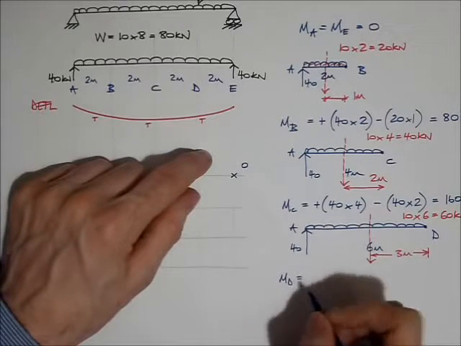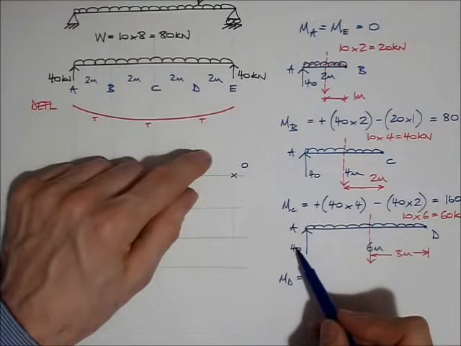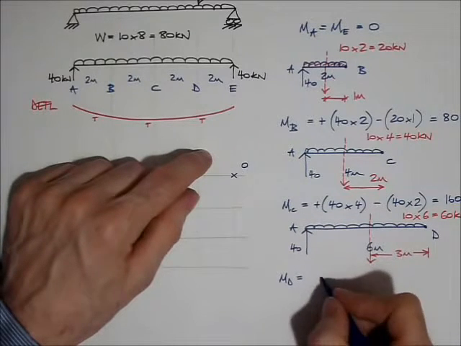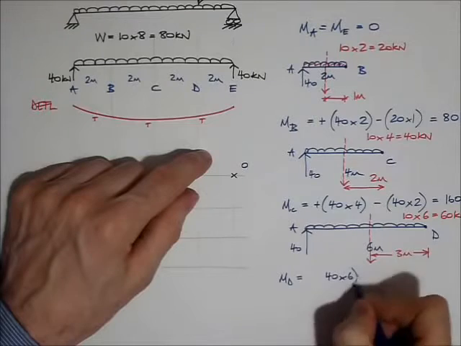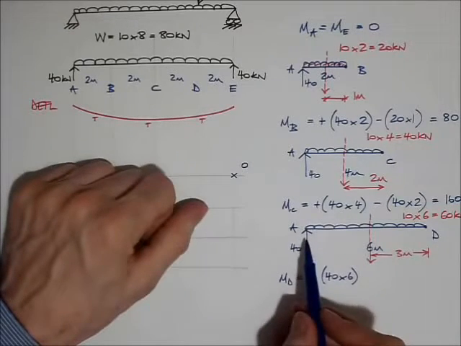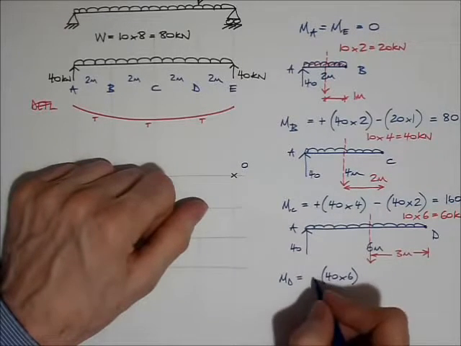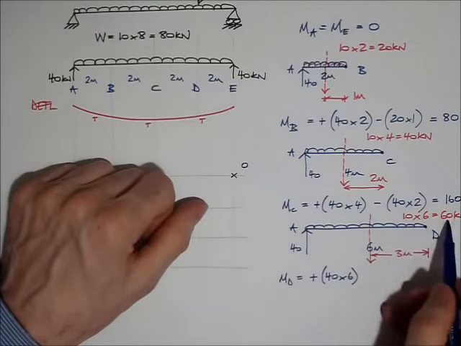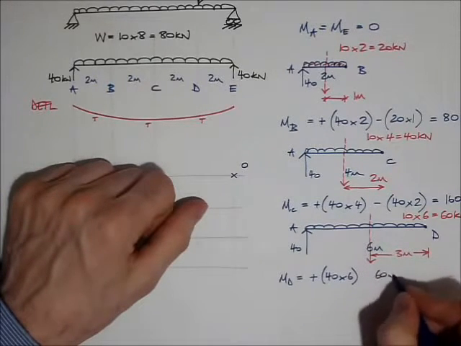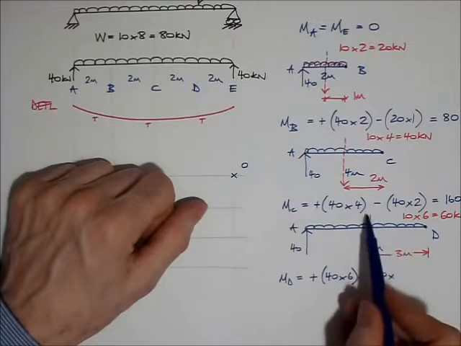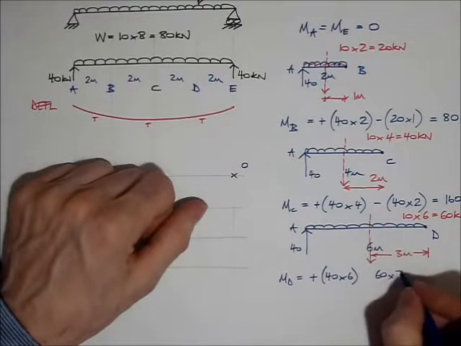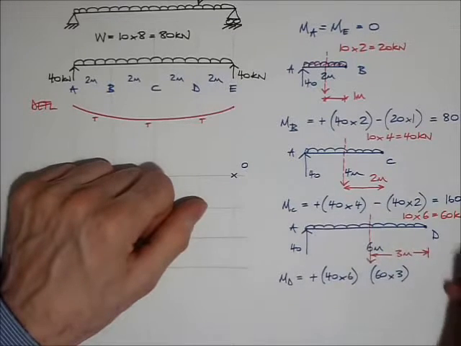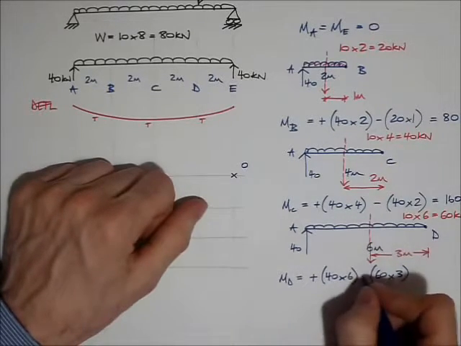MD equals 40 here, and that's at a distance of 6 meters from point D. So 40 times 6. That's going to go clockwise around point D, so it's positive. Then I have the UDL, which is 60, and that's acting at a distance of 3 meters from point D. And I think that would go anti-clockwise around point D, so that's negative.